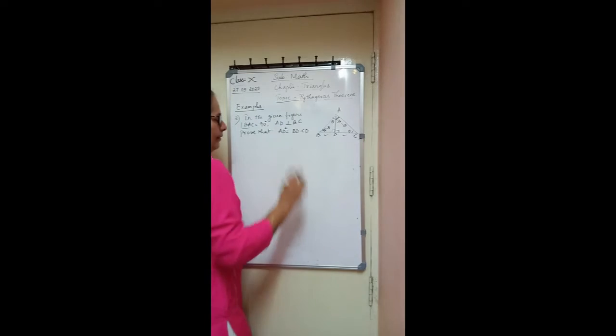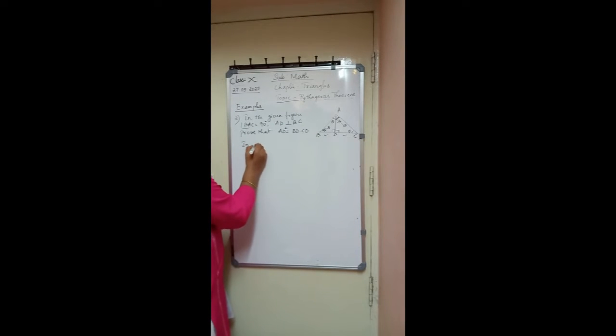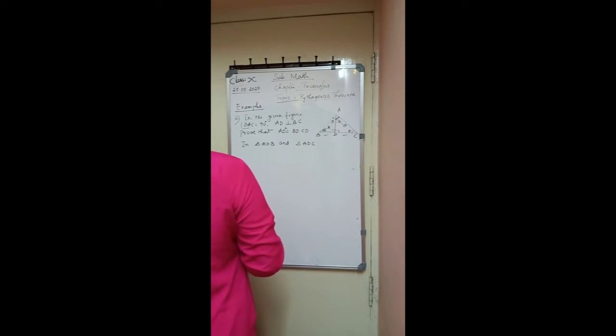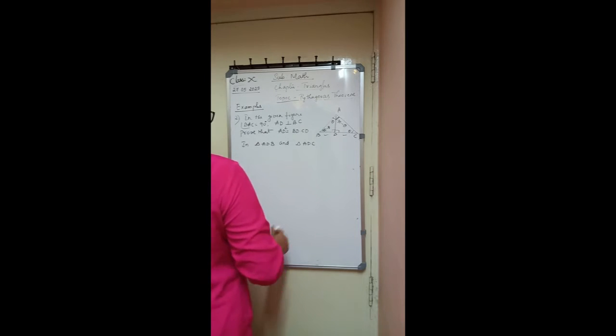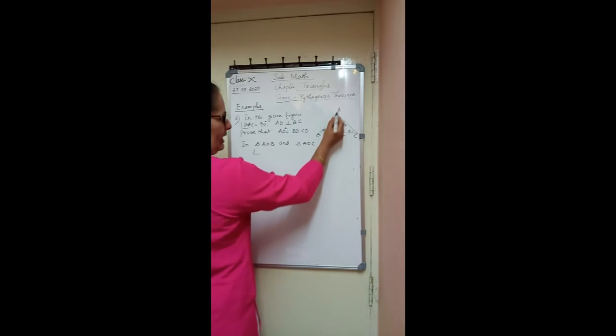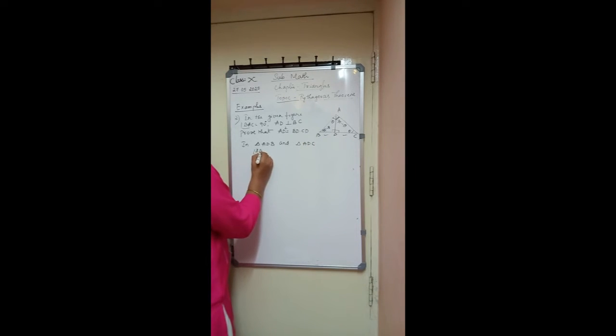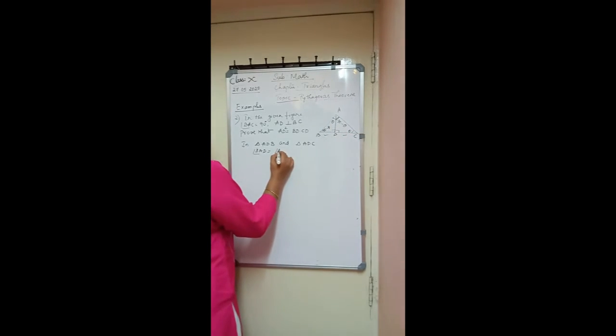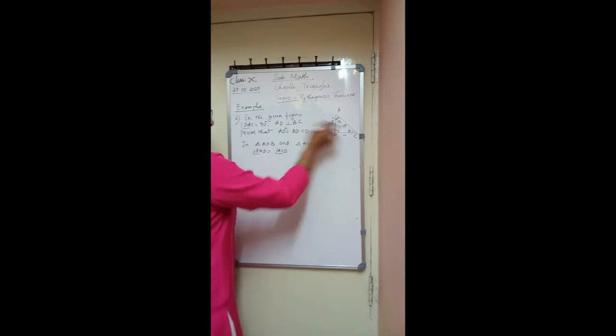Therefore, in triangle ADB and triangle ADC, see here, angle BAD is equal to angle ACD, both are theta.